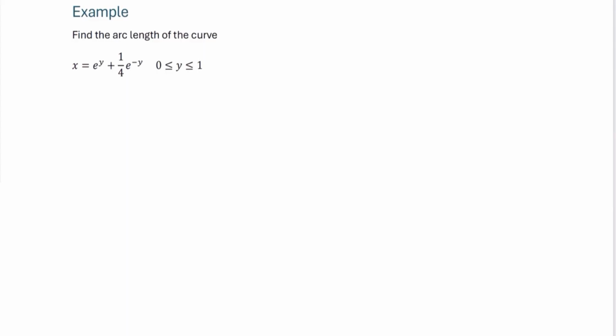Like last time, the first thing we need is the derivative. So let's find, in this case, x prime. The derivative of e to the y is e to the y, and the derivative of 1/4 e to the negative y is negative 1/4 e to the negative y.